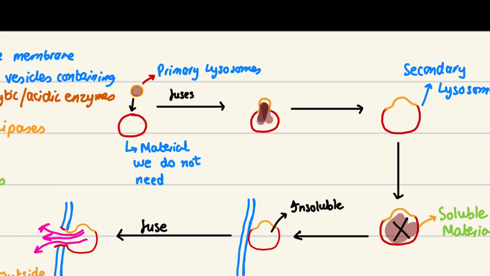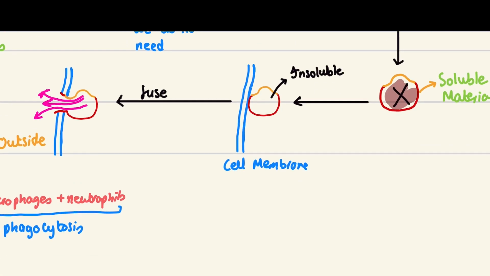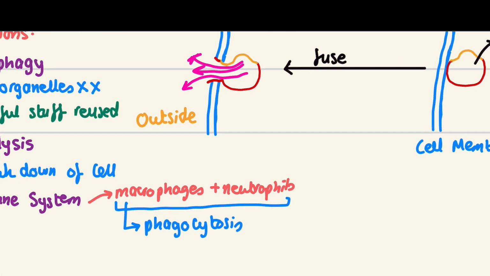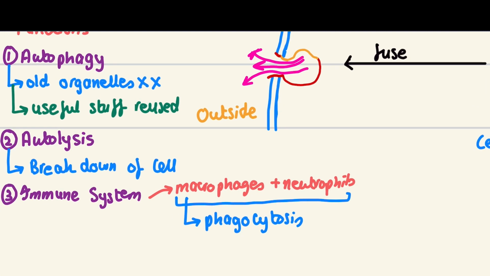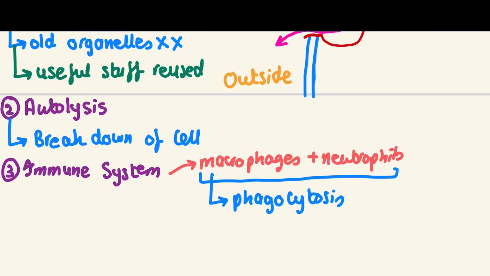However, the cell takes the bacteria and puts the bacteria inside. Let's say this vesicle has the bacteria. The cell puts the bacteria inside of itself, and then the primary lysosome is going to come and kill the bacteria or pathogen or whatever. We're not going to go into a lot of detail right now. We have a whole chapter for immunity for that. Right now I just want you to know how it fits in with this entire mechanism that we have.